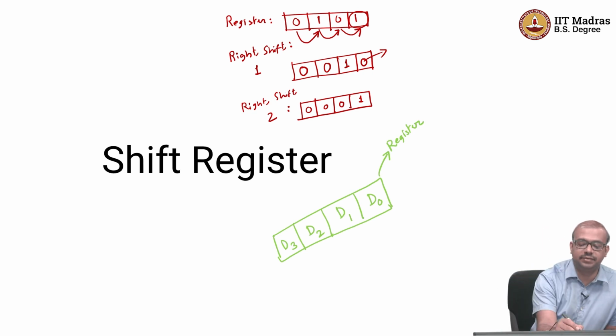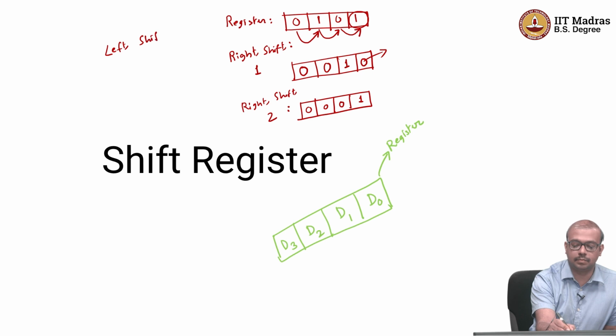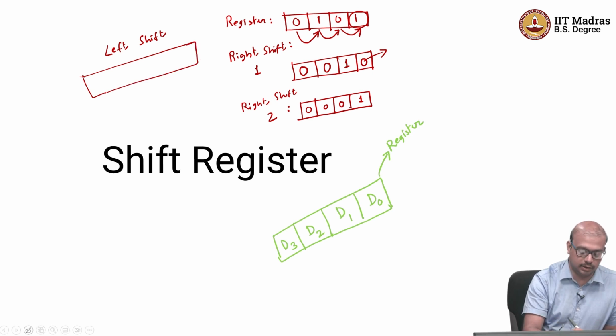Similarly, if you do a left shift, what will be the contents of the register? I will use another ring to indicate the left shift. This 1 is going to be copied here, this 0 is going to be copied here, this 1 is going to be copied here, and as convention this could be replaced by 0, as this was replaced by 0 also.